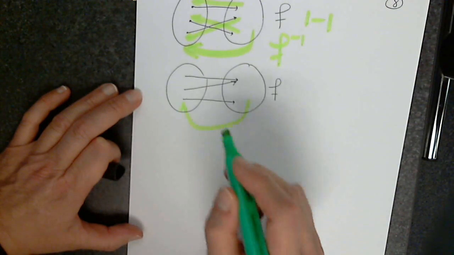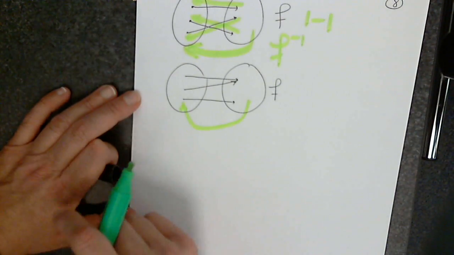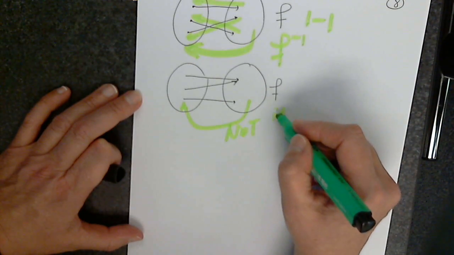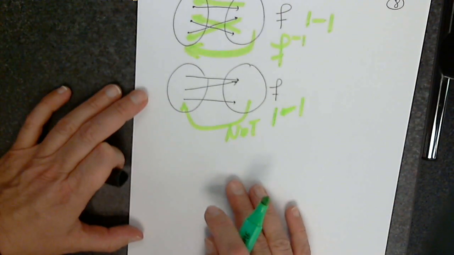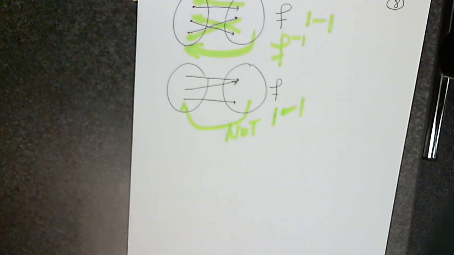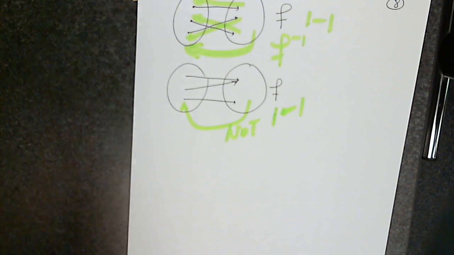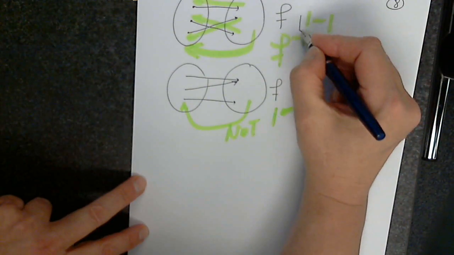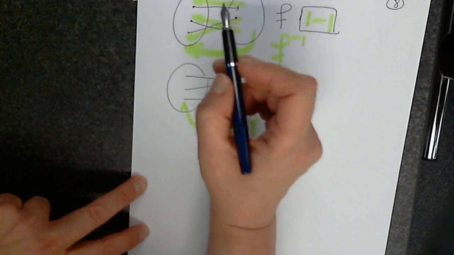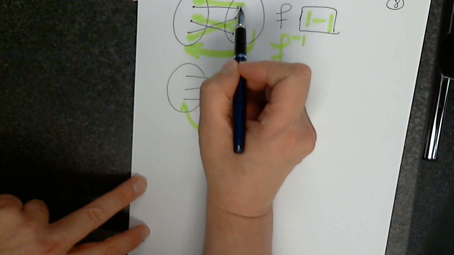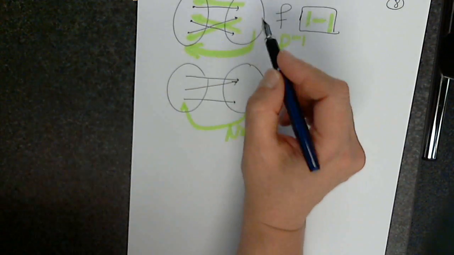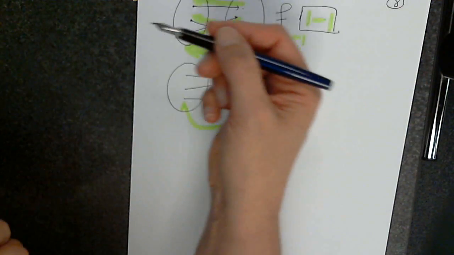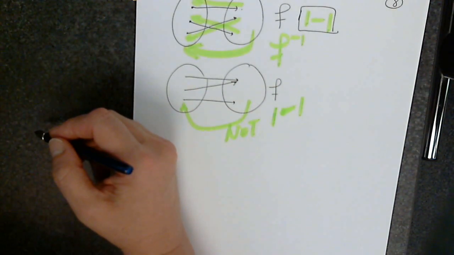Now let's go backwards. Is this a function? No. So this function f is not 1 to 1. Therefore, it doesn't have an inverse that is a function. So this is the property of 1 to 1: not just one x corresponding to only one y, but also each y corresponding back to only one x.